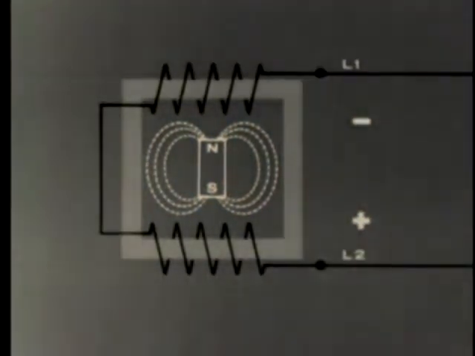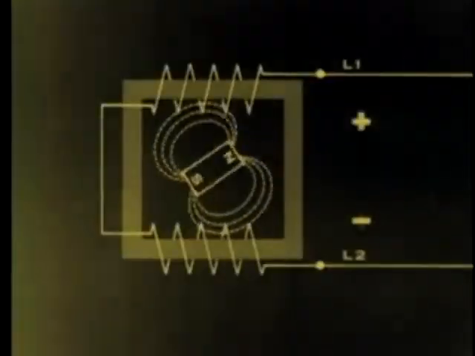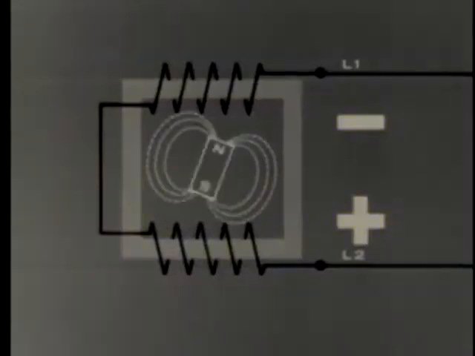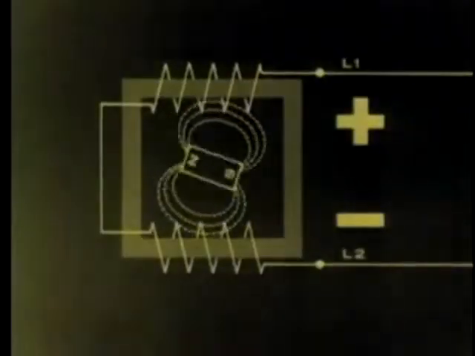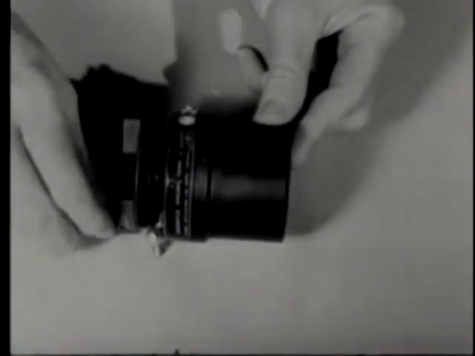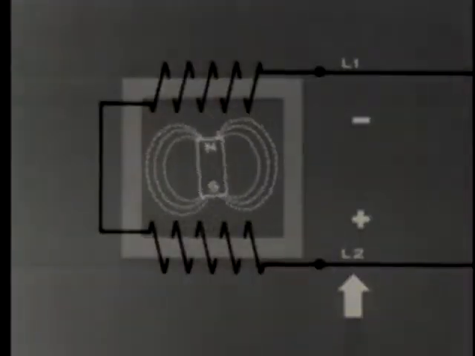Each time the magnetic lines of force of the magnet rotate across the wires in the coil, a potential is induced. Because of the difference in polarity of the magnetic poles, the induced voltage is alternately negative and positive. When we connect this generator to our line, it will create a signaling current, alternating at approximately 20 cycles per second.